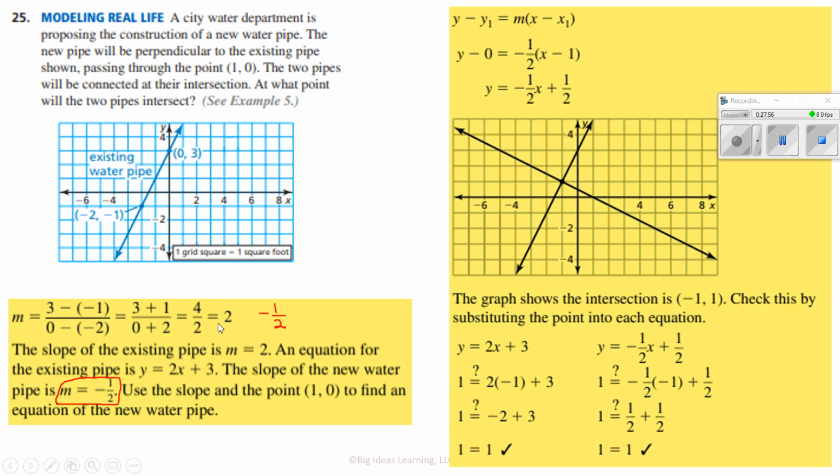And that works out for our original formula. Now we're going to put it in our next formula, and we're going to put negative 1 again, right? X is negative 1, y is 1. Negative 1/2 times negative 1 will give us a positive half. 1/2 plus 1/2 gives us 1, and 1 does equal 1. All right, 26 is for you to do.